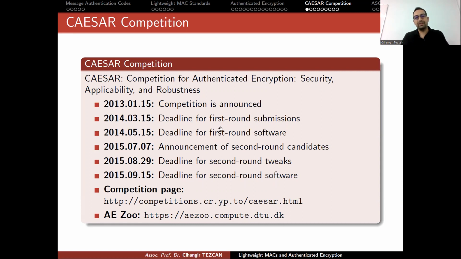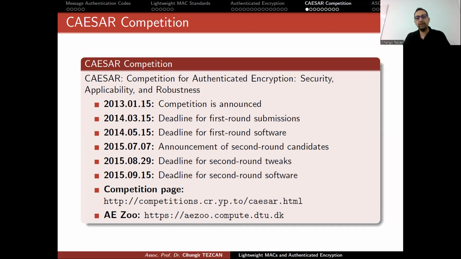Strangely, the deadline for the submission of algorithms and the submission of software was different. People could submit their algorithms and provide the reference implementations or optimized implementations a few months later. But regardless of that, in these competitions we sometimes see that the reference implementations are incorrect.